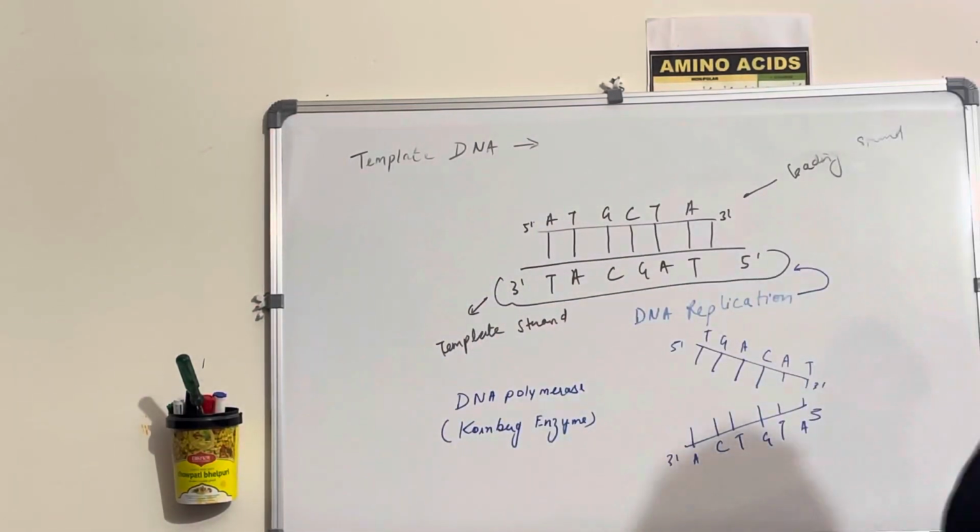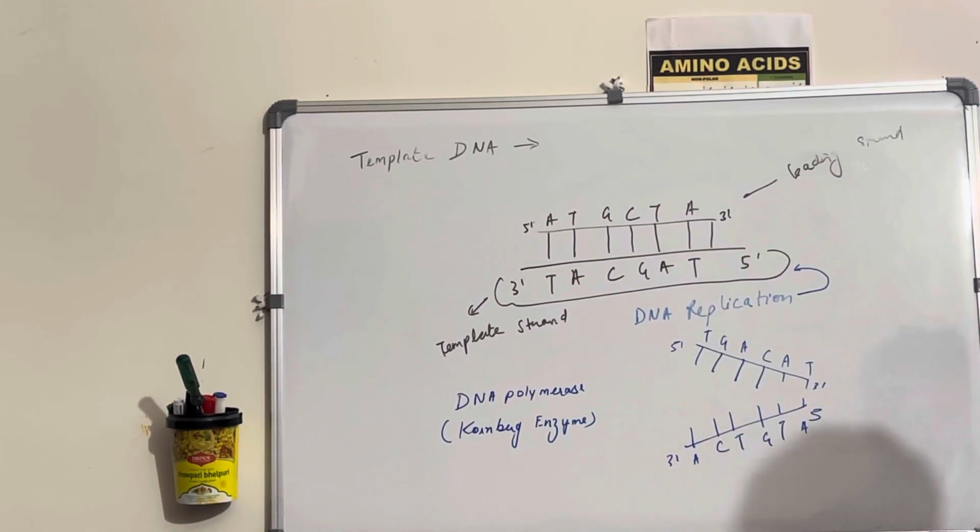So now you clearly understand what is going on. The DNA polymerase enzyme synthesizes new polynucleotides complementary to an existing DNA or RNA template, and both are included in this category.